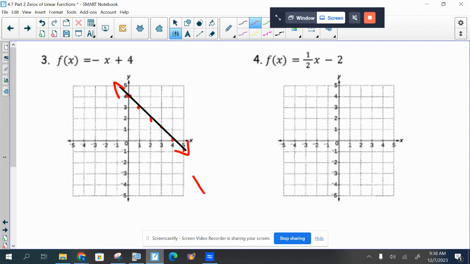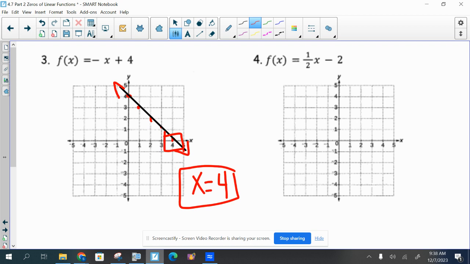So that would be x equals what? Raise your hand, please. Ethan. Yes. Because it crosses through the x-axis at 4.